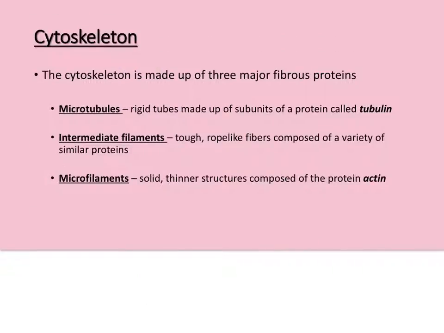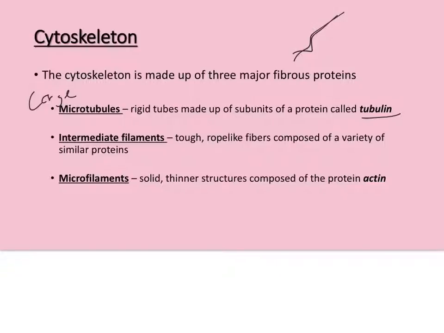Now, the cytoskeleton is made up of three major proteins or groups of proteins. These are all fibrous, so these proteins kind of have a rope-like structure to them. And they are microtubules, which is the largest of these three. These are actually tubes made up of little proteins called tubulin.